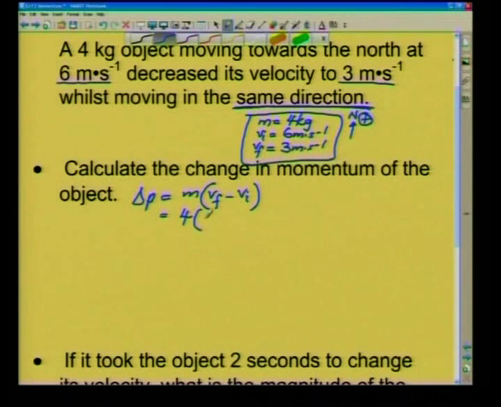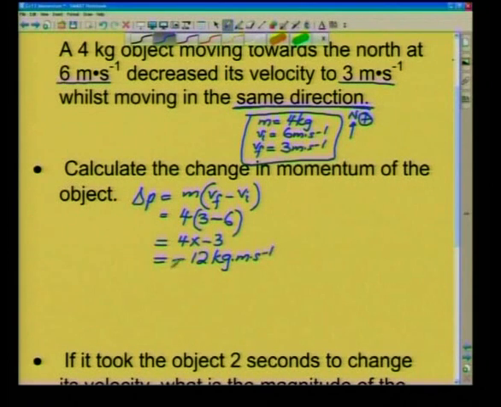V final is 3 meters per second, minus 6 meters per second. That is the initial velocity. So at the end, we have 4 times 3 minus 6. It's minus 3. And then 4 times minus 3 is minus 12. What are the units? Kilograms meters per second.